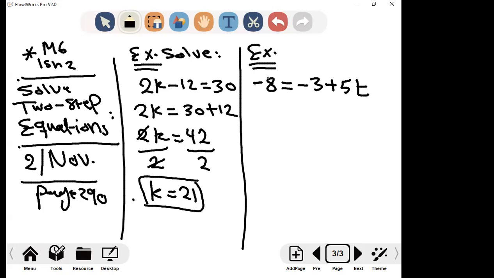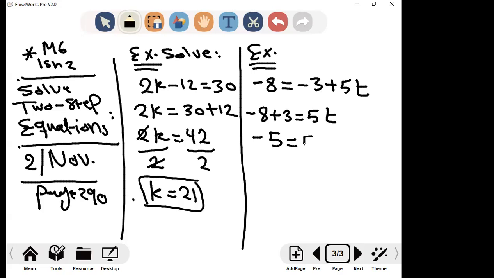So the coefficient here is 5. So I need to get rid of this negative 3 first. We shift it here. It will be positive 3. Then we divide by 5, right? So here negative 8 plus 3 equal 5t. Negative 8 plus 3, subtract and take the sign of the bigger number.